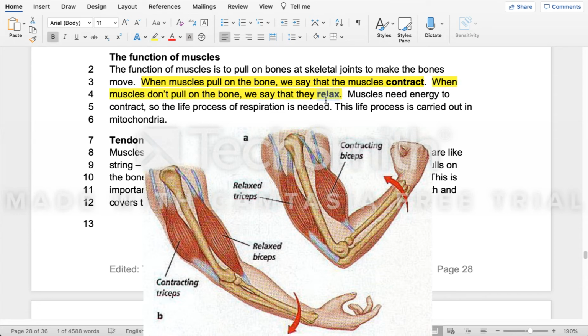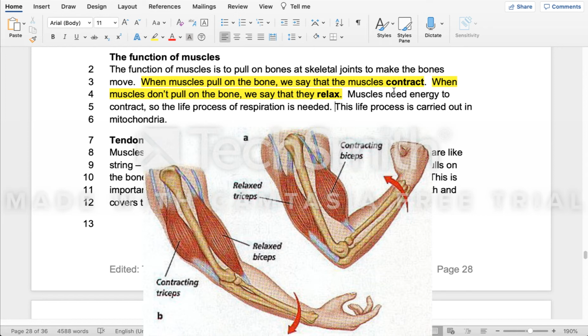So these two words right here, contract and relax, I want you to underline if you're using a paperback copy. If you're using a digital copy, you can follow along with what I'm doing right now and make it bold. The reason why I have you bold contract and relax is because I'm going to be using these two words quite a bit, and it's the main way that we describe muscle movement.